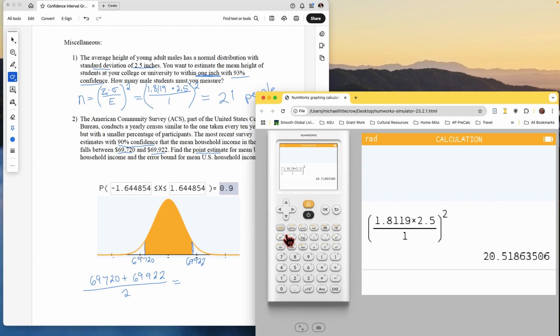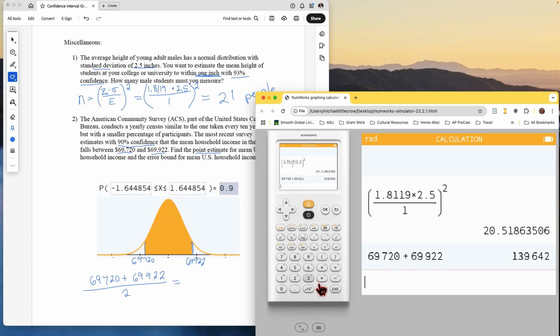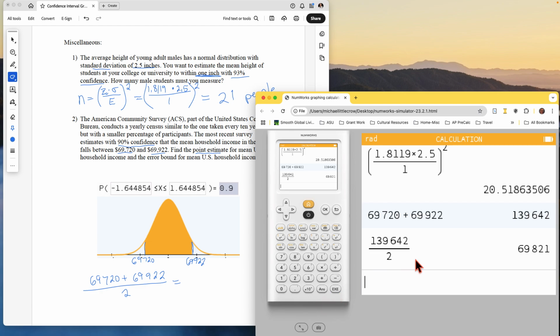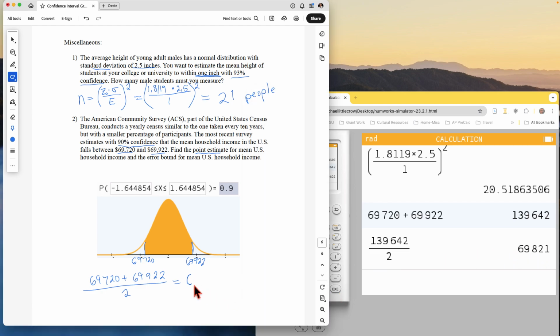So let's go ahead and we've got our calculator going. 69,720 plus 69,922. Order of operations, and then I'm going to divide it by 2, or put parentheses, whatever you like. So 69,821. It goes here in the middle.